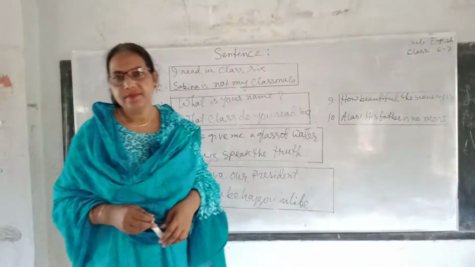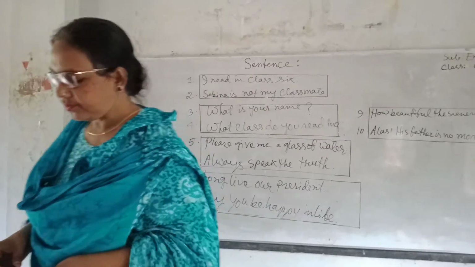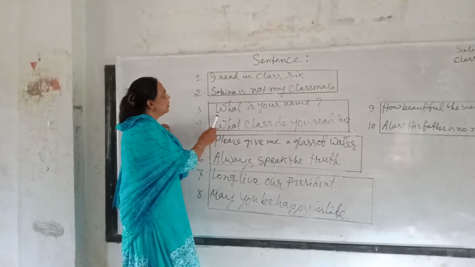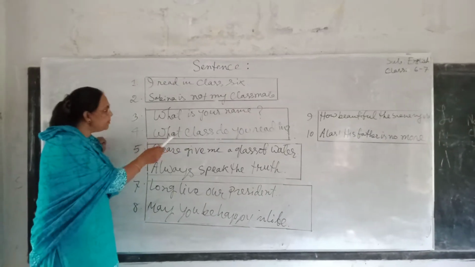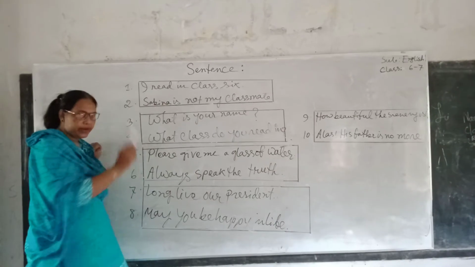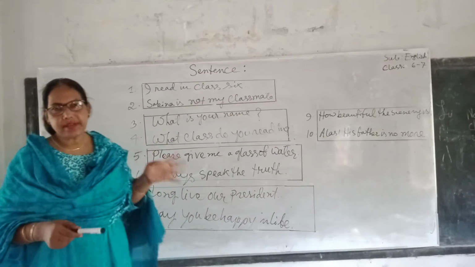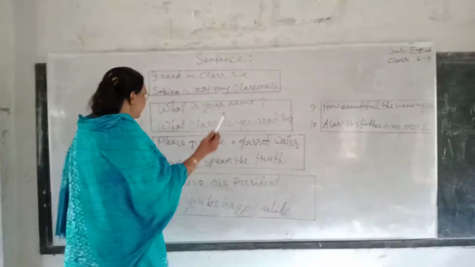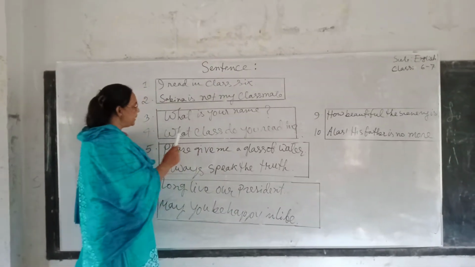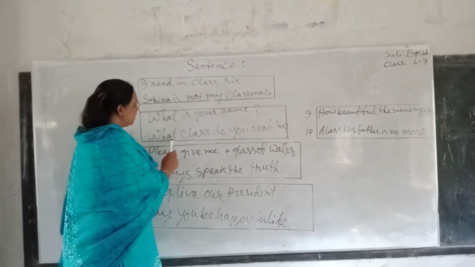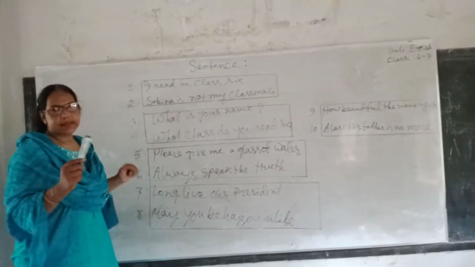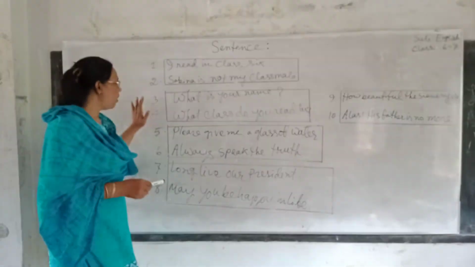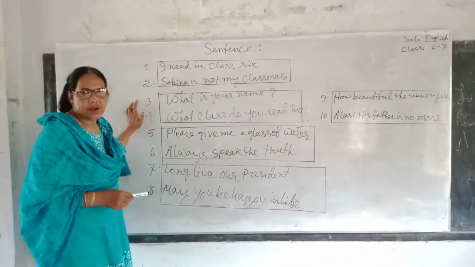Okay then student, follow these two sentences. One is what's your name, another what class do you read in. These two sentences express another meaning. First sentence এ বলা হয়েছে তোমার নাম কি, and second sentence what class do you read in, তুমি কোন ক্লাসে পড়ো। Okay, these sentences are called interrogative sentences.